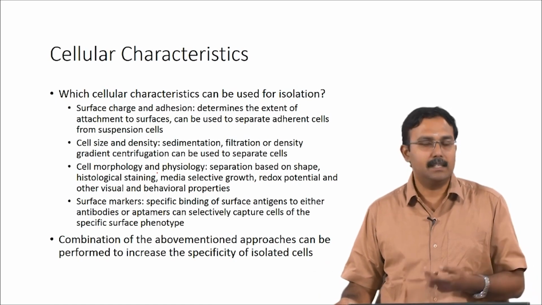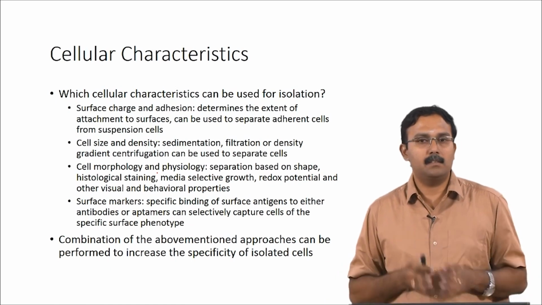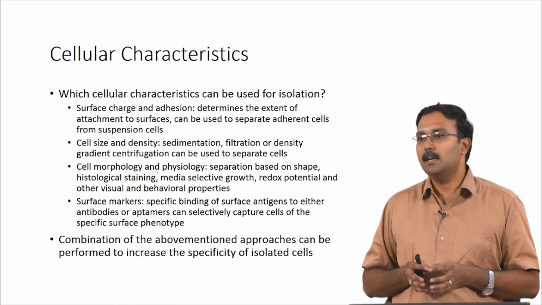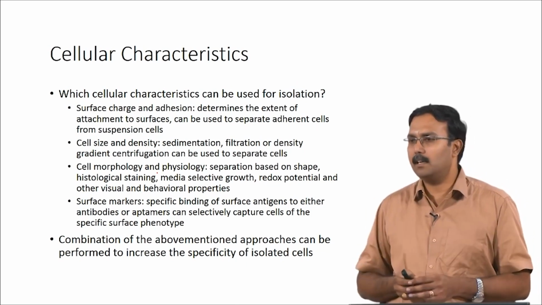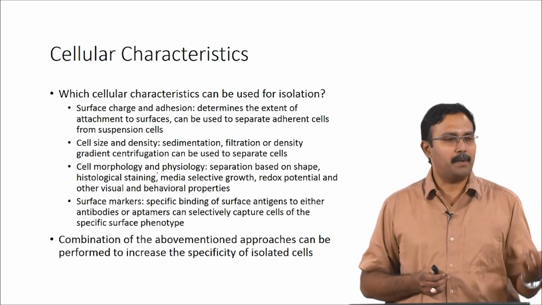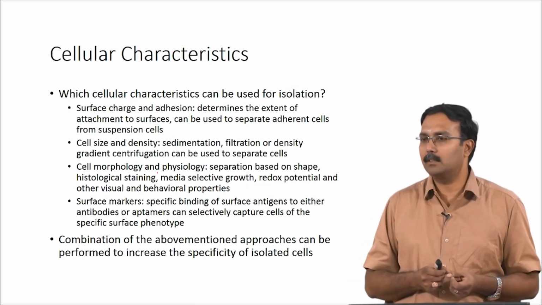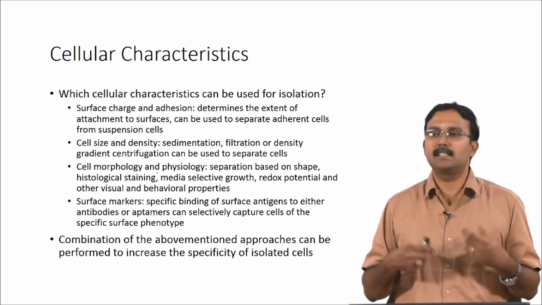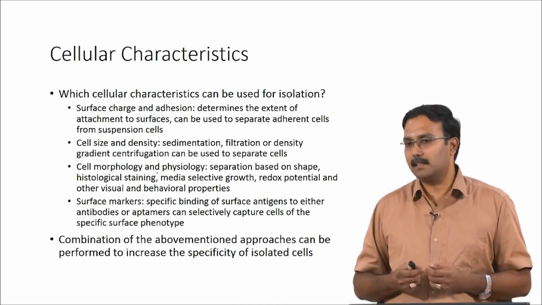Morphology, again, those things are also not too difficult to do, these are reasonably simple to perform. Selective media and things like that are not too difficult to work with, whereas surface markers can actually be quite tricky and quite tedious, because this requires a lot of information about the cell you are interested in, and designing of proper antibodies and antigens, choosing the correct molecules which can actually adhere to the cell you are talking about, and using very sophisticated equipment like cell sorters which can actually use this to separate the cells.